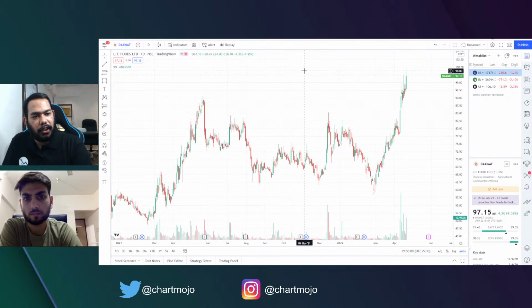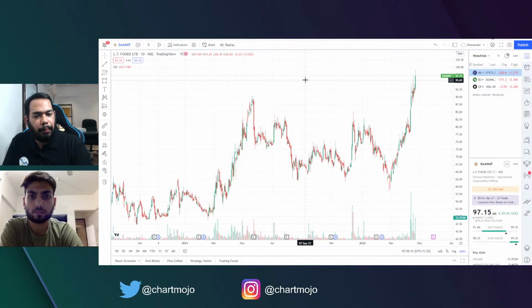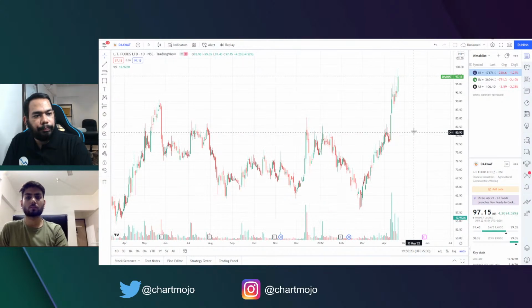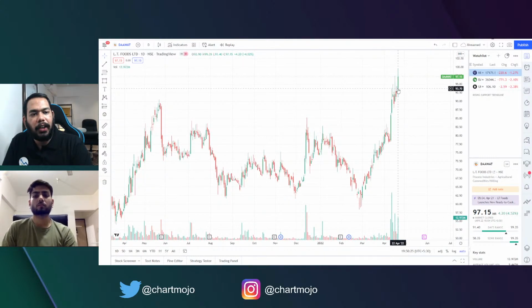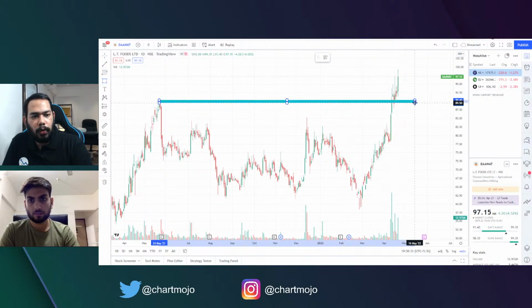One can continue to hold this counter. You can clearly see a breakout from a sideways consolidation, a clear-cut breakout, and we can also see good volume action happening. So if someone has bought this particular counter, just below this 88 would be your SL, and one can continue.